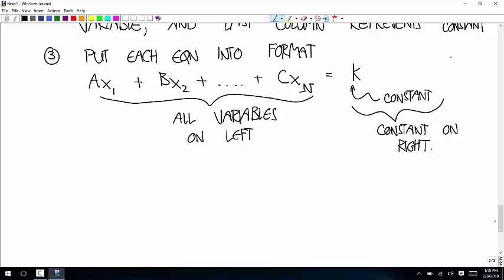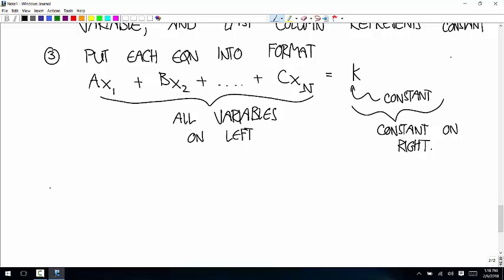If you forget to do that and you write it with all of your variables on the left and your constant over on this side, then your constant is going to have the wrong sign when you enter it into the matrix, and you're going to get the backwards answers. Well, if you did that on every equation, you would get the exact backwards answers. So you have to put it in that format or it messes it up.